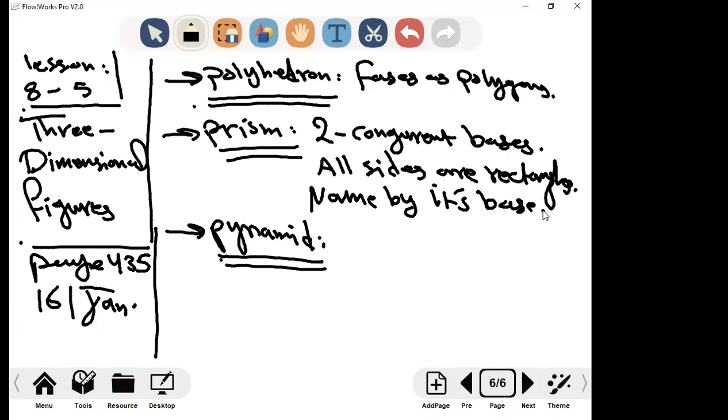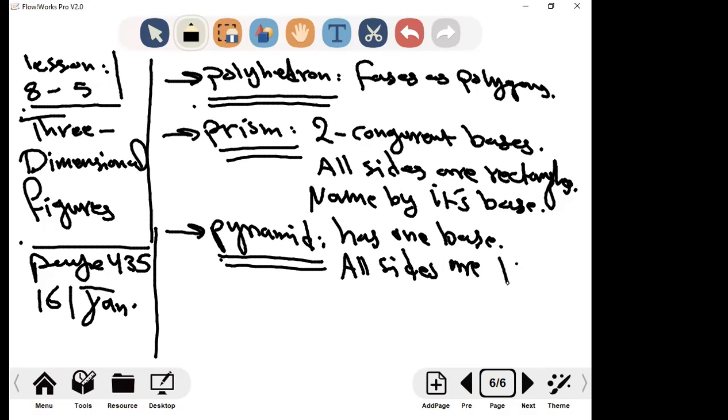How about the pyramid? The pyramid has only one base, not two bases like the prism. So here we have one base. How about the sides? Are all triangles?